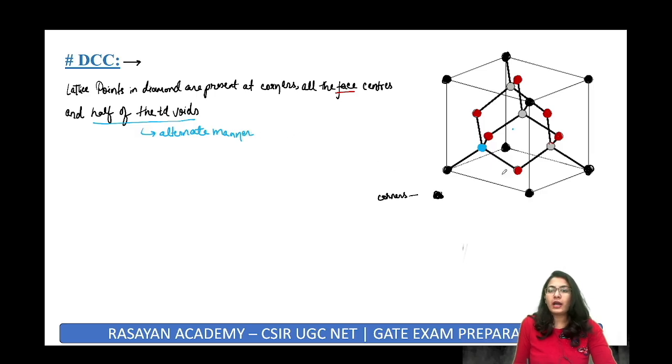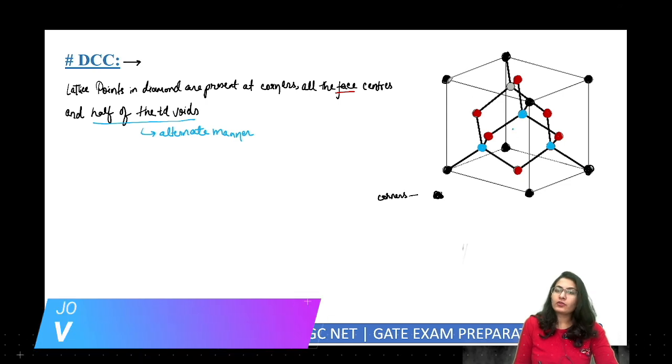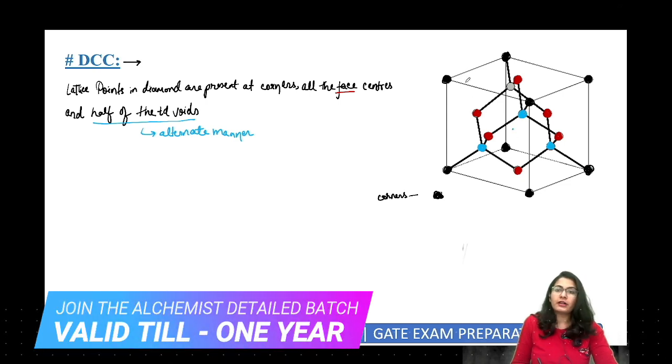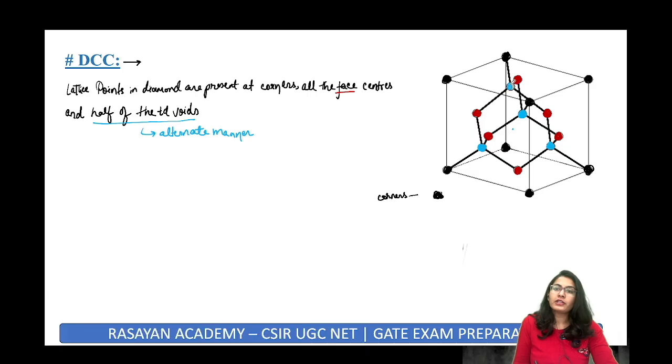ठीक है. So I'm skipping the tetrahedral void for this corner and I'm moving on to the next one. इस corner का tetrahedral void है ये वाला, right? Then similarly I'm skipping this corner, I'm taking this one. This is the tetrahedral void. Then I'm skipping this corner, no tetrahedral void consider, I'm considering this corner. So कितने हो गए?